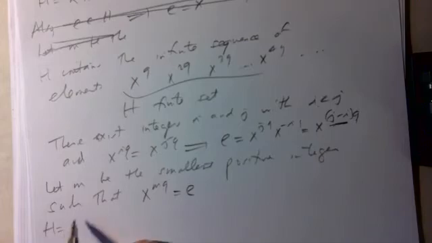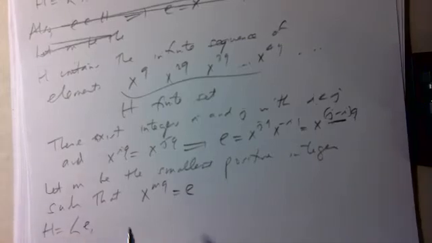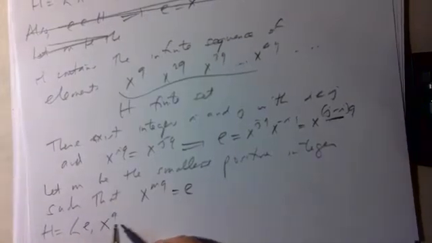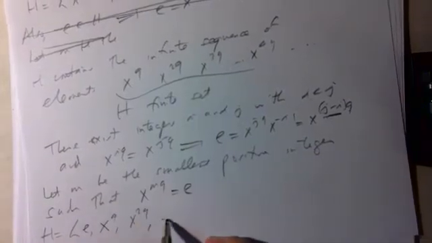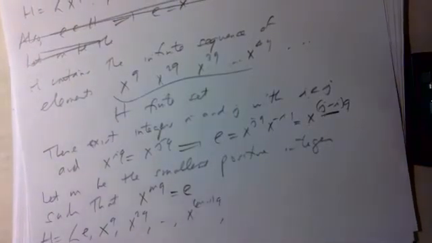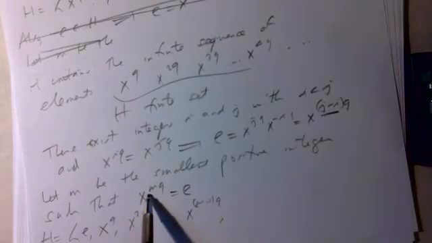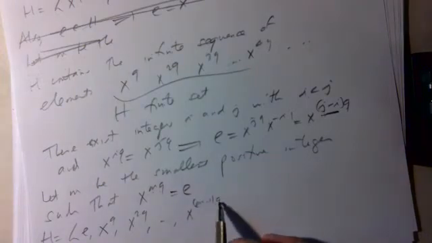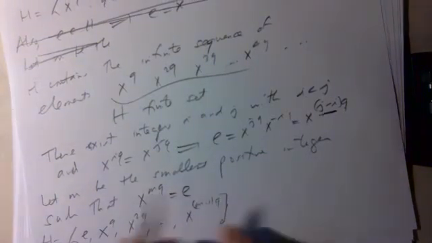So that means that H, which is the powers of x to the q, you get x to the q up to x to the m minus 1 times q, and these are all different, because if two of them were the same, x to the something q would be the identity for an integer less than m. The next power of q would be x to the mq, that's the identity.